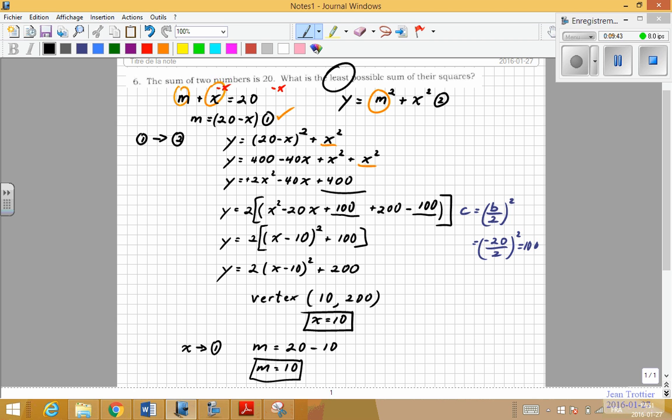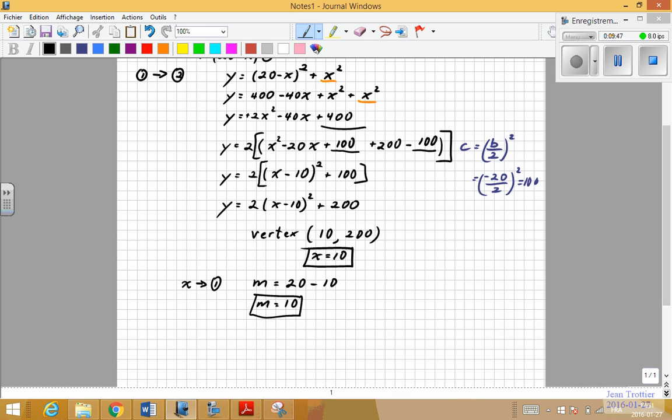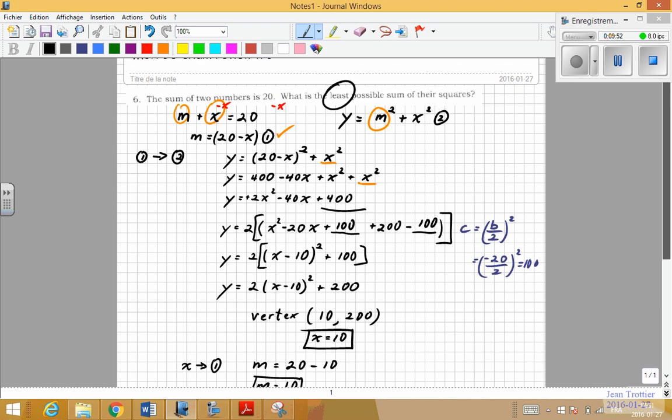And the question was asking what is the least possible sum. So in this case, that answer would be 200. Sorry, it would be sum of squares. Yes, it would be 200.